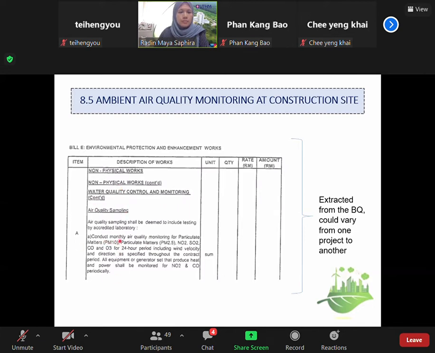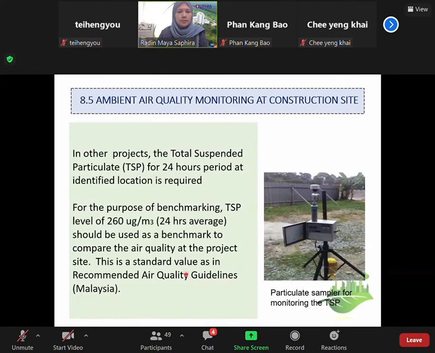So you need to conduct monthly air quality monitoring for particulate matter PM10, particulate matter 2.5, the paling kecil 2.5, NO2, SO2, CO and ozone for 24 hours, right? Okay, this is an example of the particulate sampler for monitoring the total suspended particles, untuk dust control. So we need to give a monthly monitoring report to the JKR and DOE.